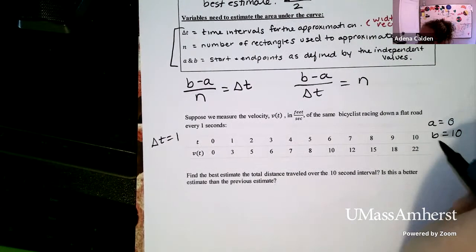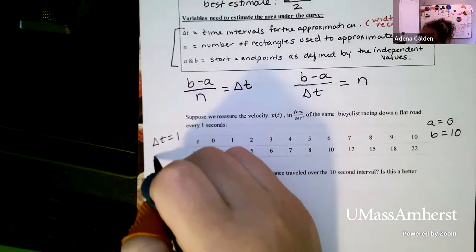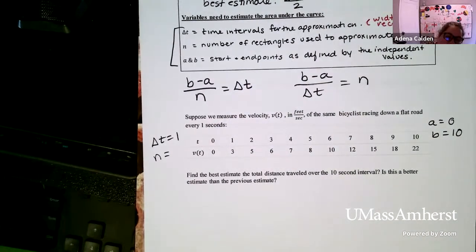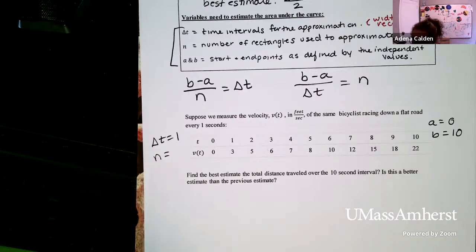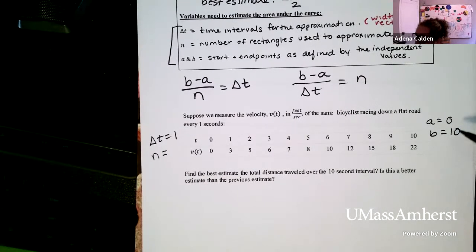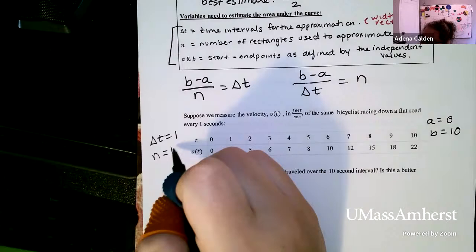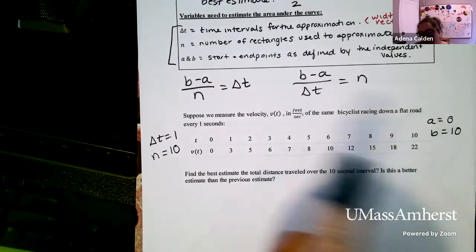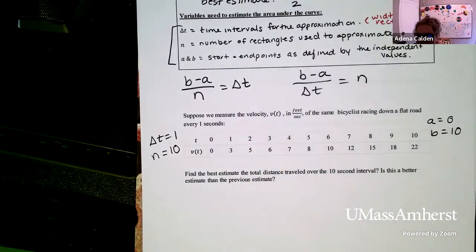But if delta t has changed, that means n will also change. In the last example, n was 5, but now 10 minus 0 divided by 1 gives n equals 10. So if we were to draw this approximation, we'd have 10 rectangles in the same span instead of 5.